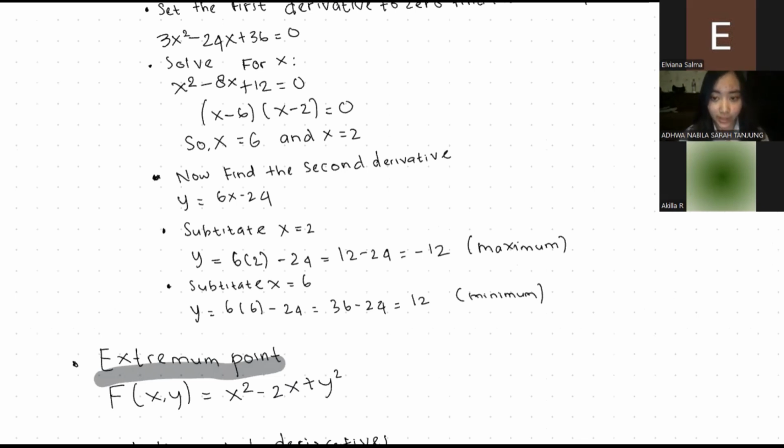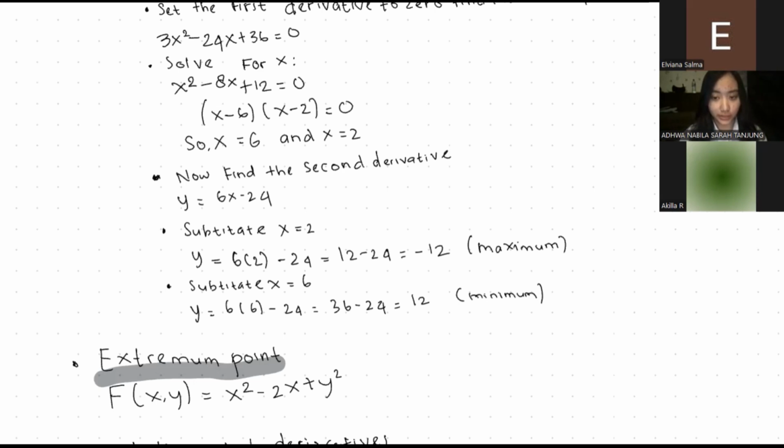Next, we use the second derivative to determine the type of stationary point. The second derivative of y with respect to x is 6x minus 24. Substitute x equals 2. 6 times 2 minus 24 equals 12 minus 24 equals negative 12.